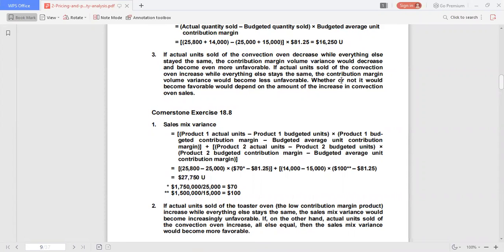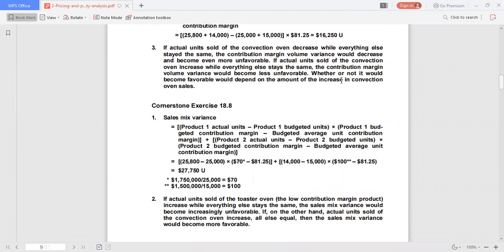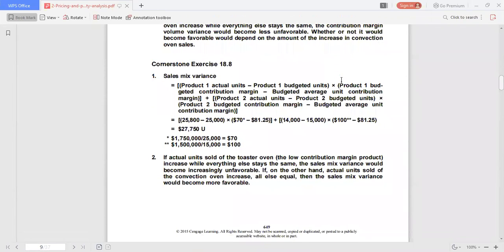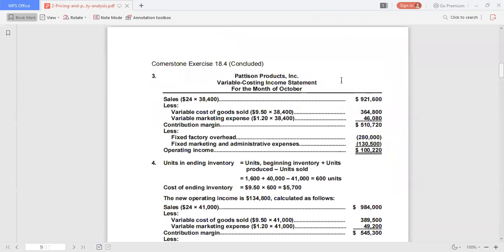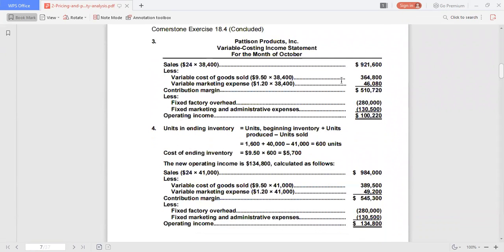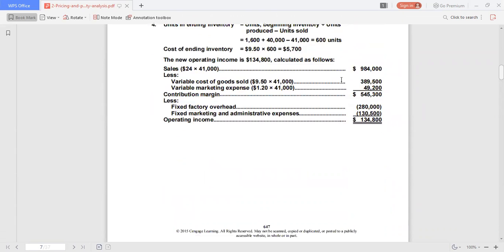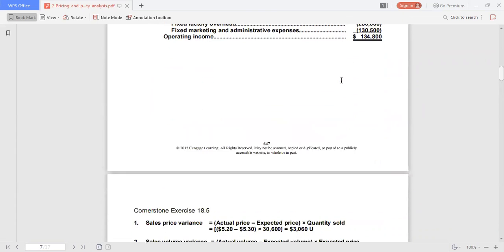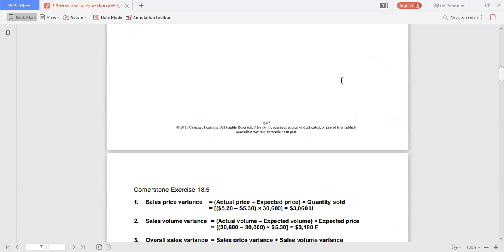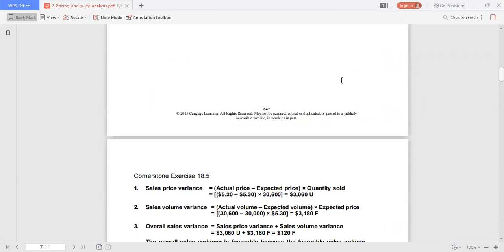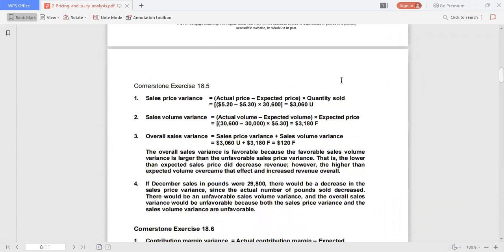So this time we have requirement number 2 of 2-8. Now we go to 2-9, another problem that will give us the market share variance and the market size variance. So the market share variance and the market size variance for exercise number 9.